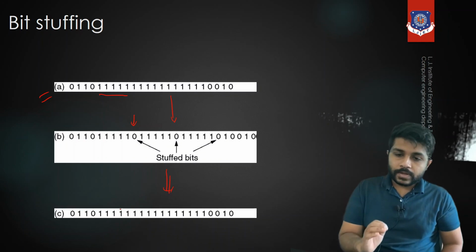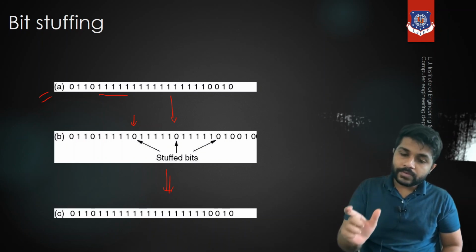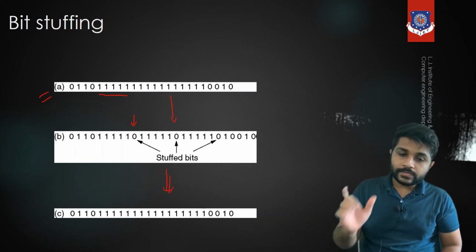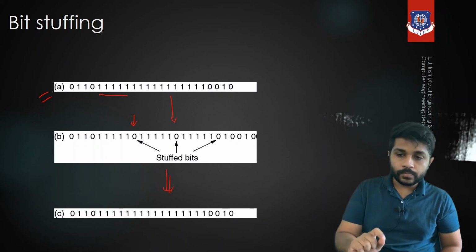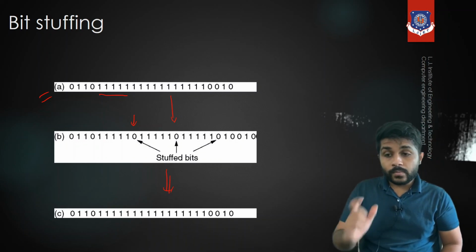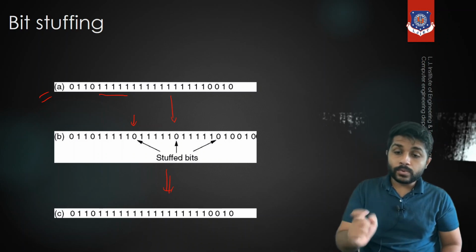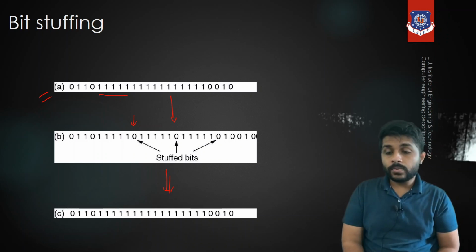So in bit stuffing, the function of the sender is to add 0 after 5 consecutive ones, which is fixed. Whenever the sender finds 5 consecutive ones, it will add 0. At the receiver side, whenever the receiver finds 5 consecutive ones, it will remove the 0 after those 5 consecutive ones.